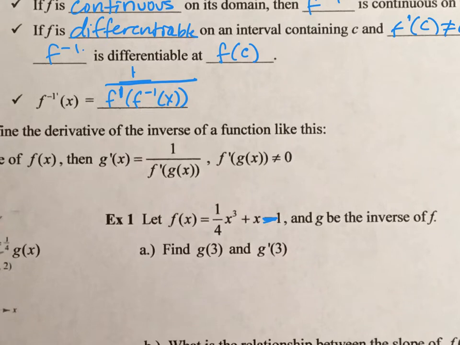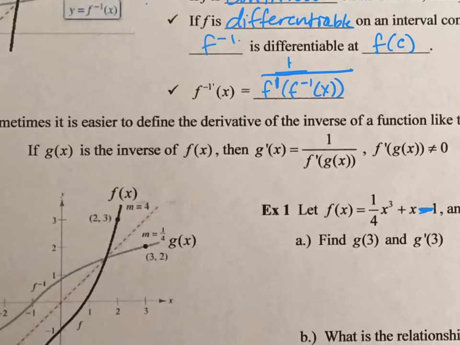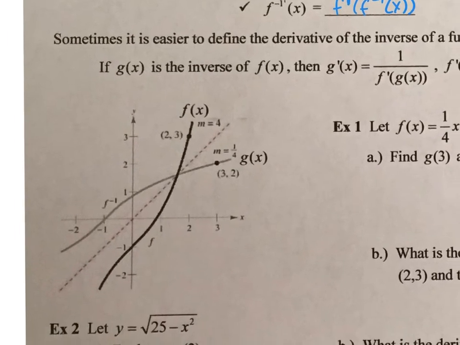So first of all, if you take a look at the graph, here we have f of x, and then here we have our inverse function g of x, and you see that symmetry in the line y equals x. Okay, one thing I want you to notice is that we're given a point on f of x. We're told that f of 2 is equal to 3. Well, if f of 2 is equal to 3, then that's going to help us know what g of 3 is.